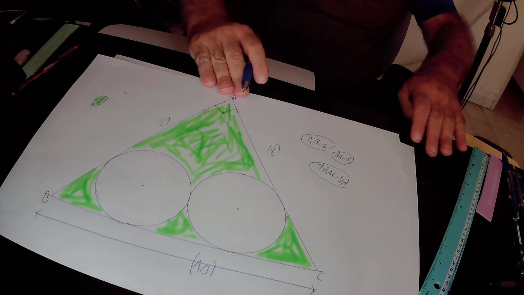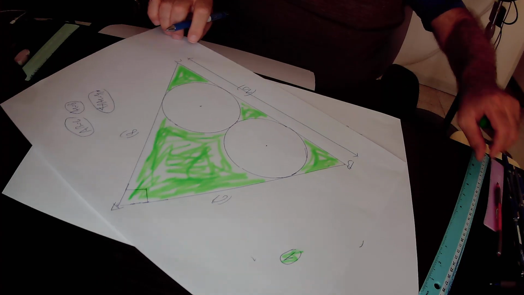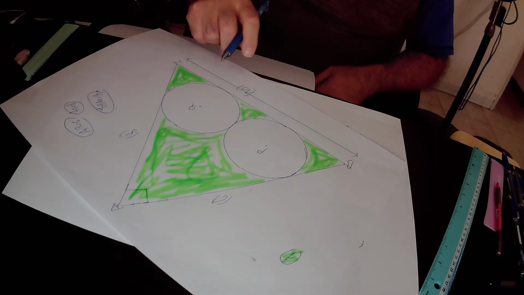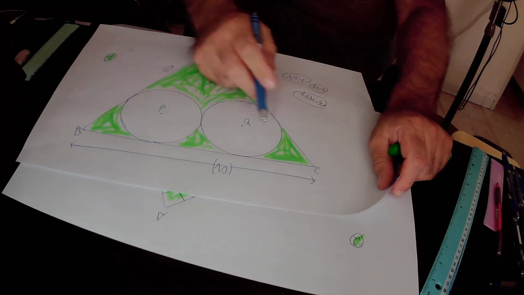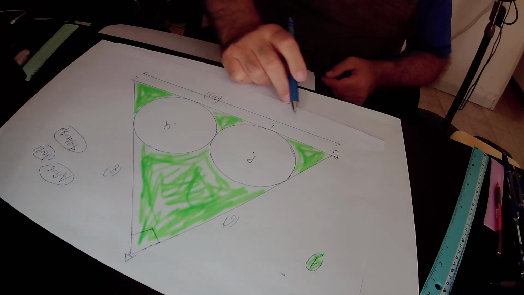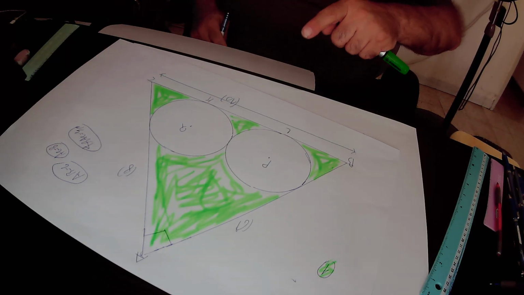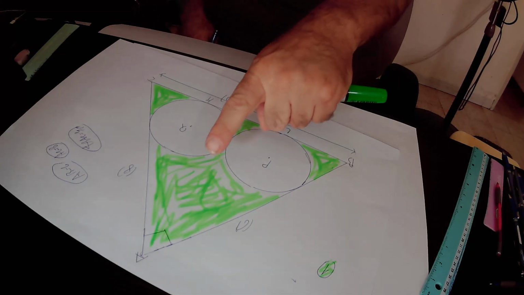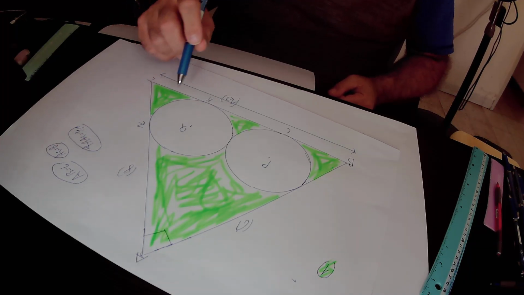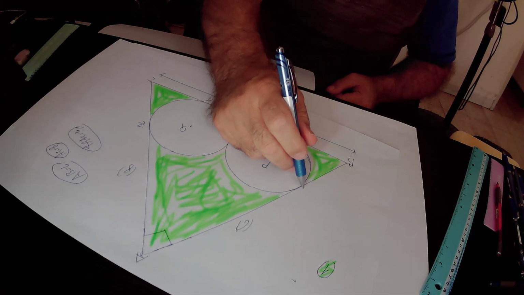This point is point P. We find the center of this other circle, this point is point Q. We define the point of tangency of tangent BC with this circle, this point is point L. We define the point of tangency of tangent BC with this circle, this point is point K. We define the point of tangency of tangent AC with this circle, this point is point Z. And finally, we define the point of tangency of tangent AB with this circle, this point is point H.